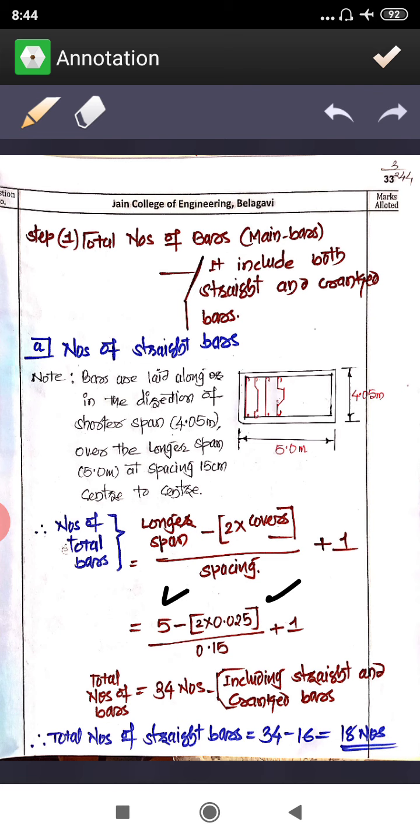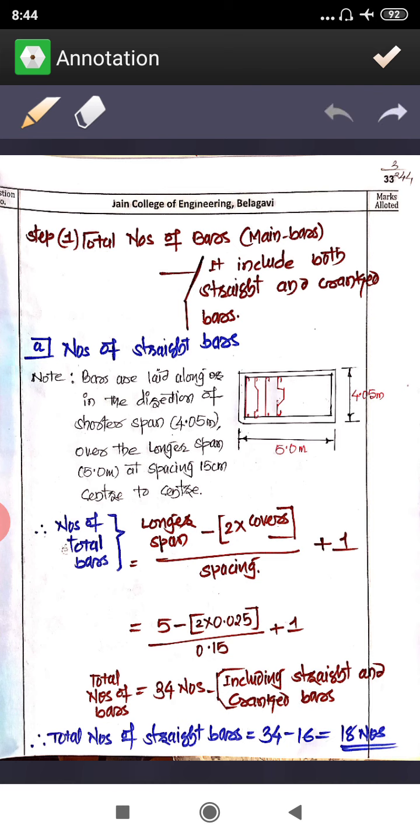That calculation I will be showing you here. Now see, we are going to use 0.15 plus 1, so you will be getting 34 numbers. These 34 numbers include both straight and cranked bars. Cranked bars they have given in the problem, 16 numbers. So it is 34 minus 16, you will be having 18 numbers. So 18 numbers are of straight bars.